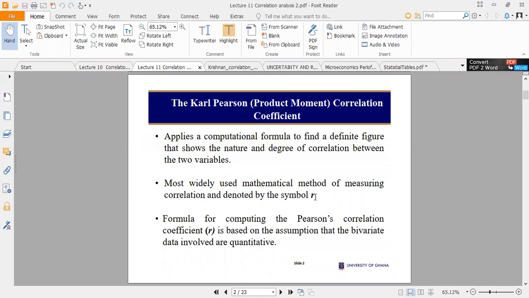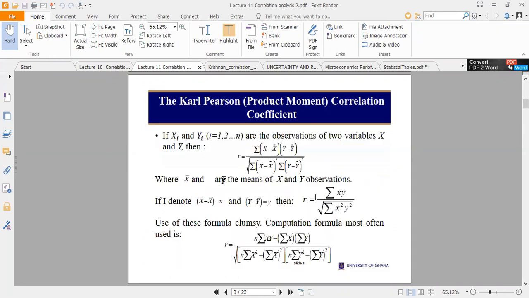They should be able to be measured, to be quantified. If we have qualitative data, we can't use Pearson's correlation coefficient. So the data must be quantitative.